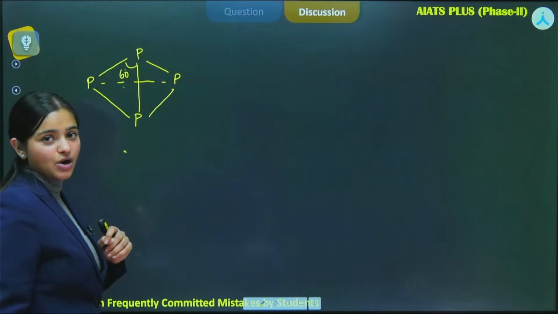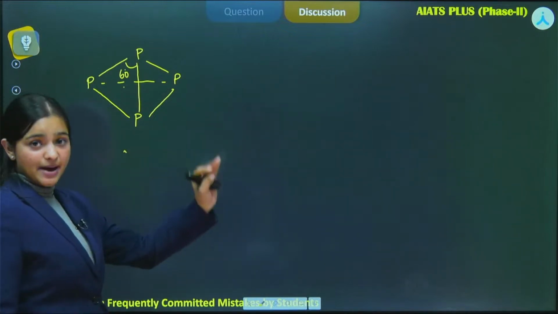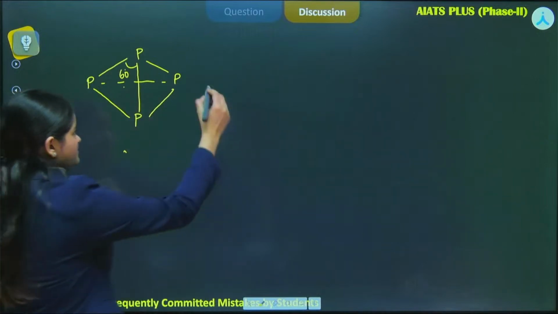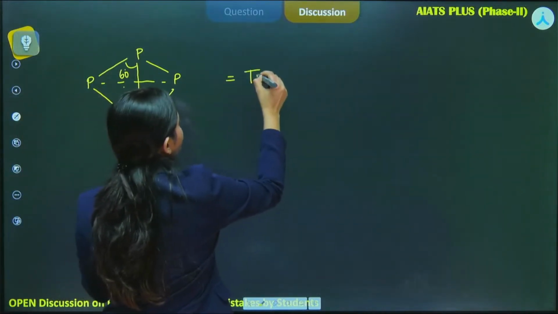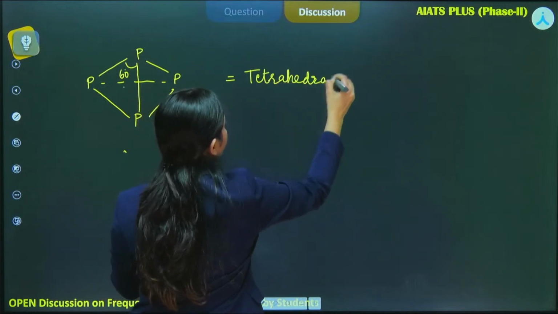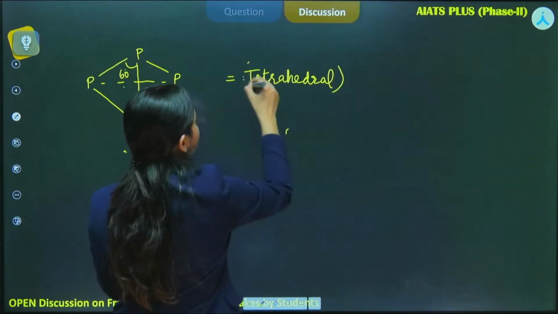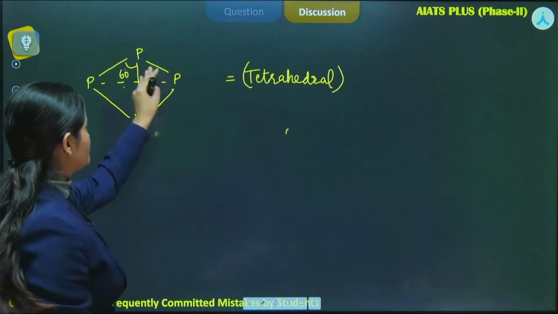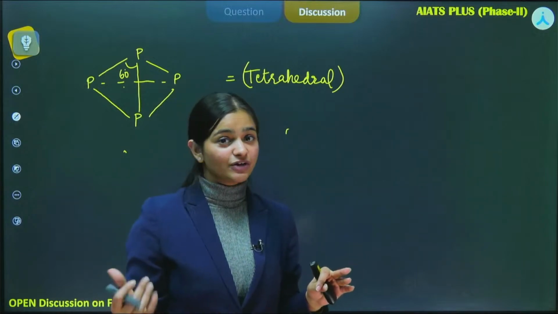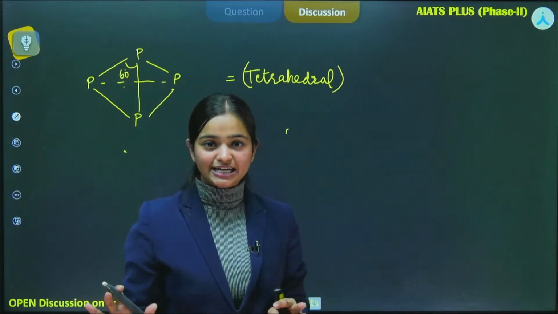60 degrees is the bond angle, whereas if we look at the geometry of this molecule, we can clearly see that it is a tetrahedral geometry with bond angle 60 degrees. The ideal bond angle of tetrahedral geometry is 109.5 degrees.